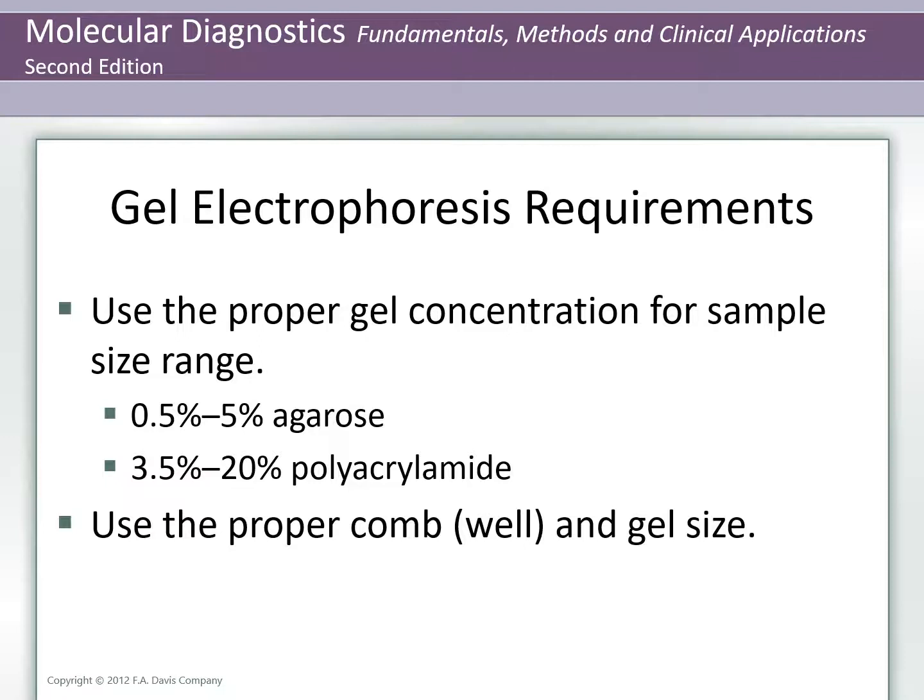This is due to high concentrations impeding migration of larger sizes, while very low concentrations of agarose produce a weak gel that can be easily broken and allow smaller fragments to travel quickly to the end of the gel. The proper comb and gel size also must be considered, since they are dependent on the size of the fragments to be resolved.